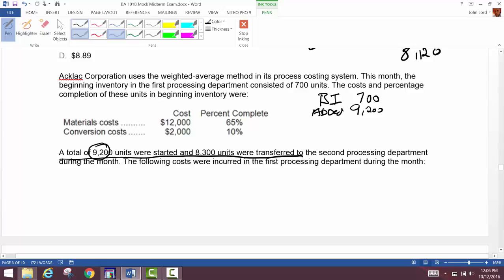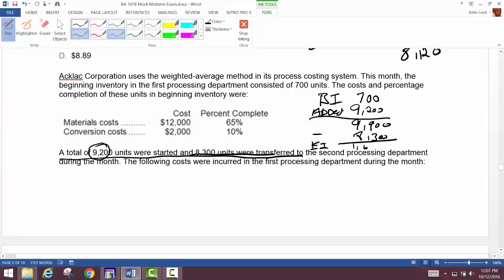And then I like to get subtotals here, 9,900, just so I make sure I'm keeping track as I go along. And then they transferred out how many? They transferred out 8,300. So I'm going to transfer out those 8,300. So that leaves me in ending inventory with what? 1,600.